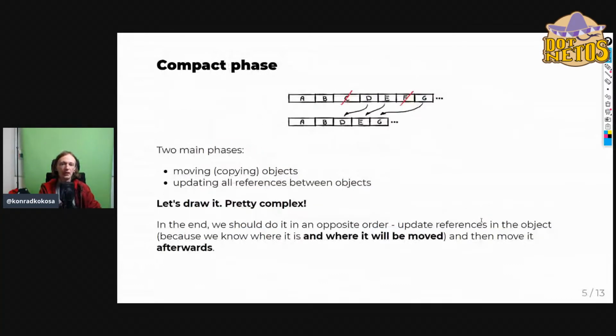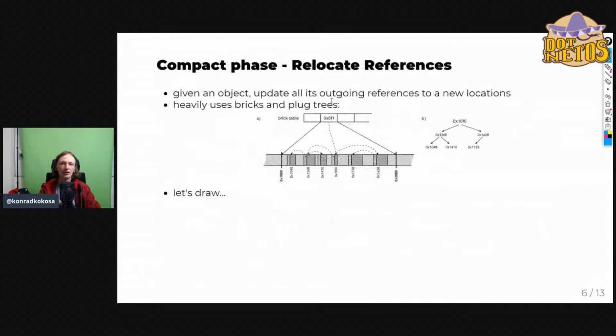The relocation phase, relocating references. We have an object. Let's concentrate on a single object because we are probably in a plug, and then we are considering objects in a plug. And we are now interested in knowing what will be the future references inside an object.